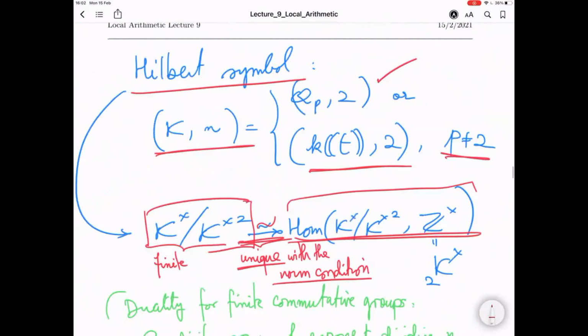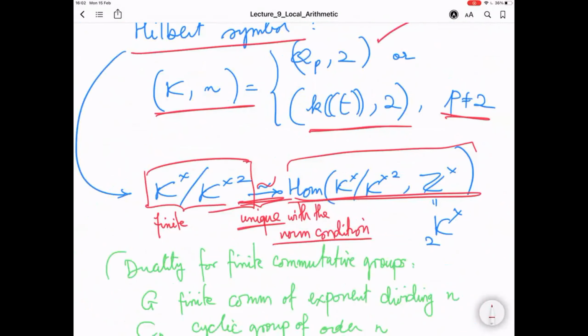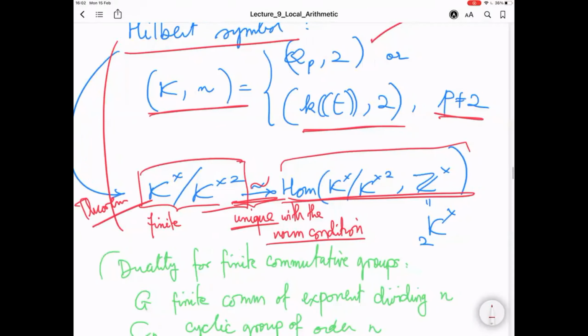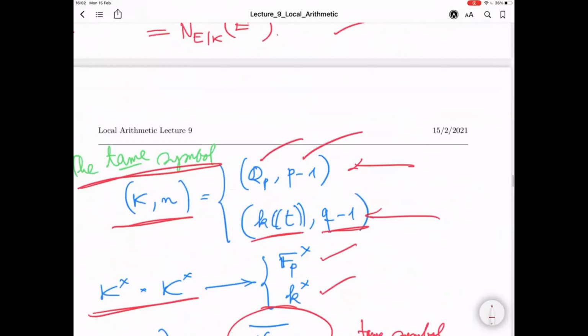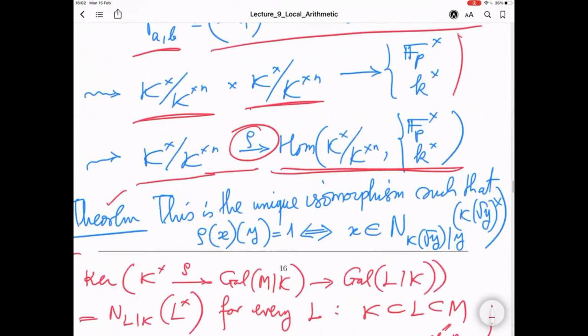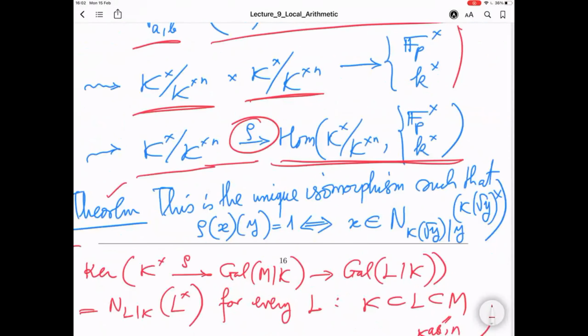where is the theorem for, yeah, I didn't write it as a theorem, but this was the theorem here. And for the tame symbol, the theorem is going to say, and we'll come to it much later maybe, that there's a unique isomorphism.